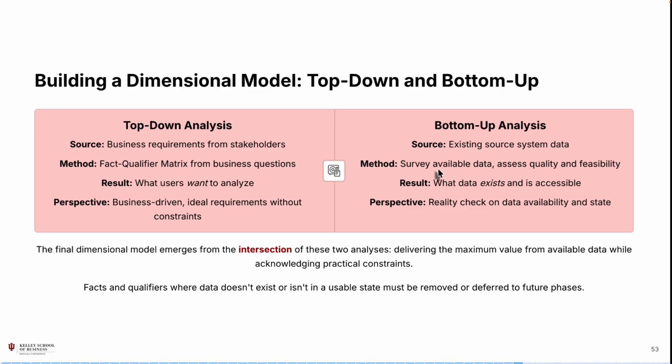We survey existing data to assess its quality and also the feasibility. The final model often emerges from the intersection of those 2 different analyses. If the business requests a fact, but the data is unavailable or unusable based on the bottom-up check, that requirement must be removed or deferred.